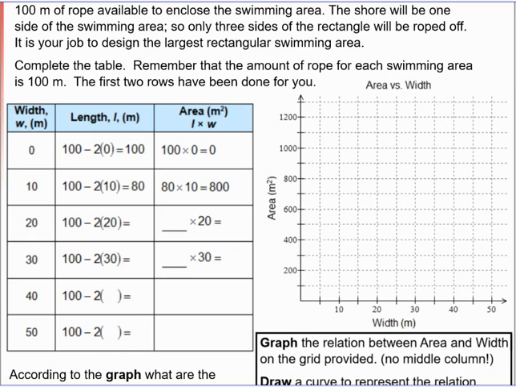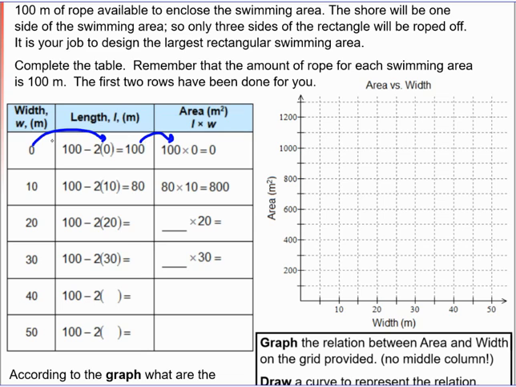All right. Here we have the width. The length is just basically the perimeter equation reworked, and the area equation is still length times width. So we put this into here, and we get 100. Then the 100 goes into the length.